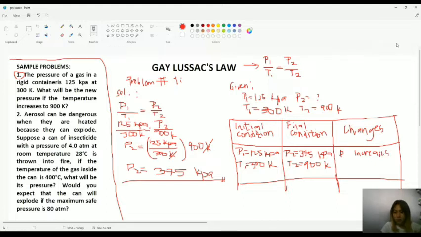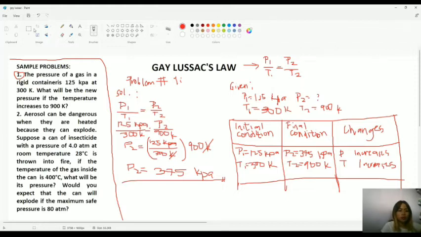Pressure increases. Sa temperature naman, from 300 to 900 Kelvin, of course, nag-increase si temperature. So, lagay mo, T increases. So, ayan. Na-solve na natin yung number 1.